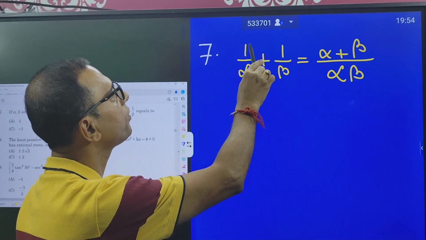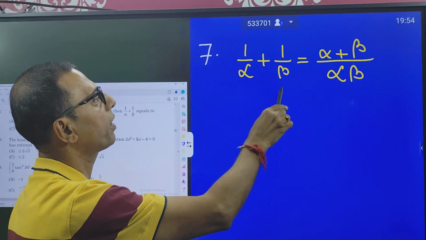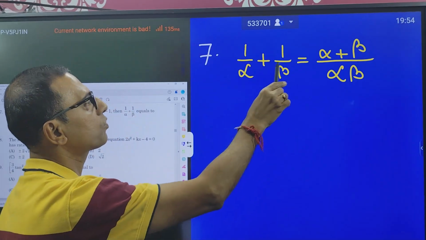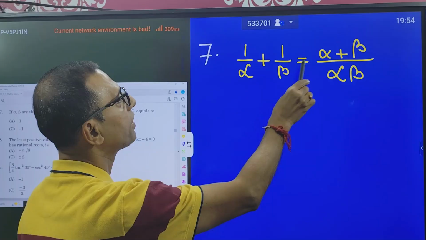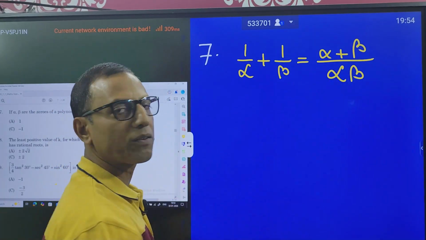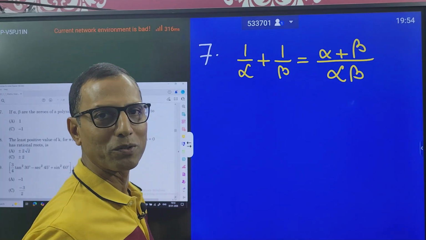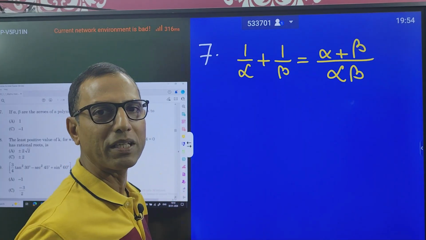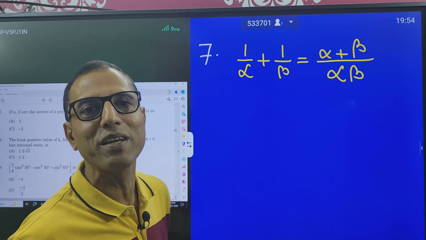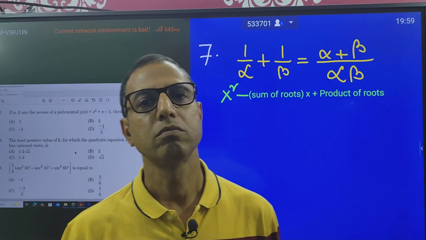Now here you need to find out 1 by alpha plus 1 by beta. In that case, 1 by alpha plus 1 by beta means alpha plus beta by alpha beta. What is this alpha plus beta? Summation of the roots. And what is this alpha beta? Product of the roots. Very, very simple, just a concept, right?